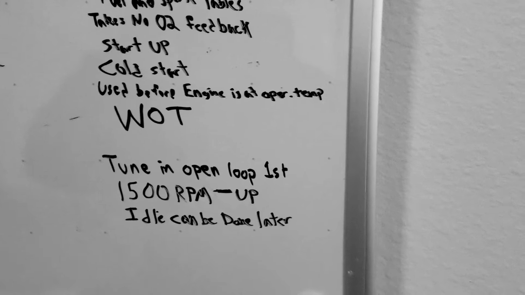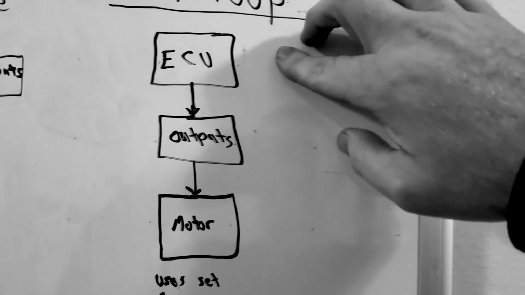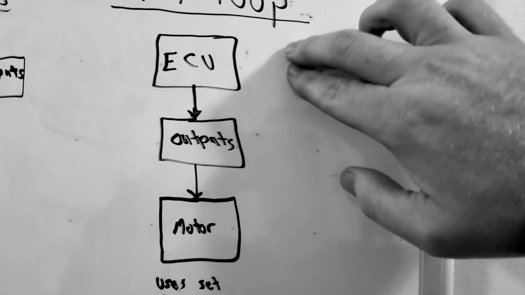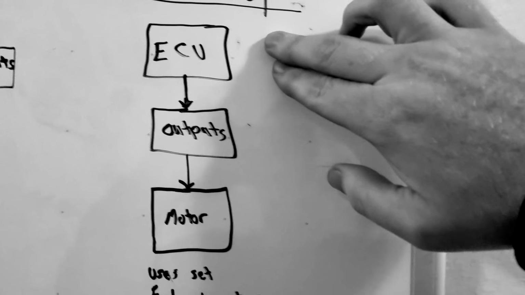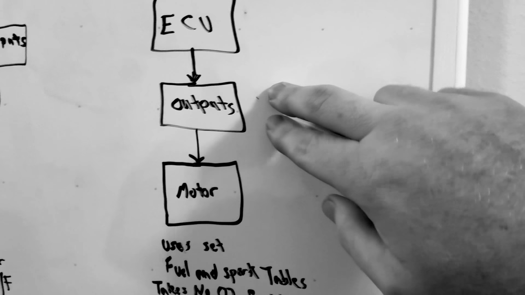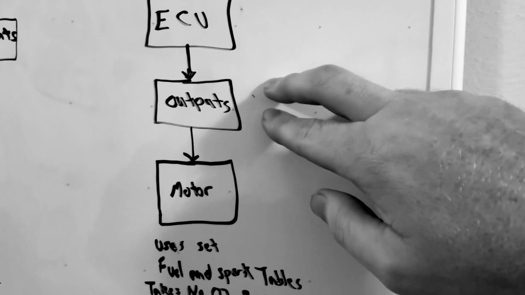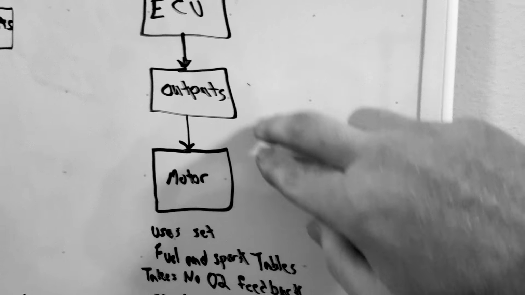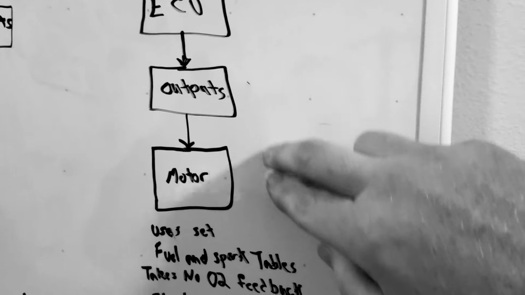Basically, your fuel and spark tables and your RPM tables are set in your ECU for the open loop. It comes down to your outputs, which are your fuel injectors and your ignition, and that is input into your motor.